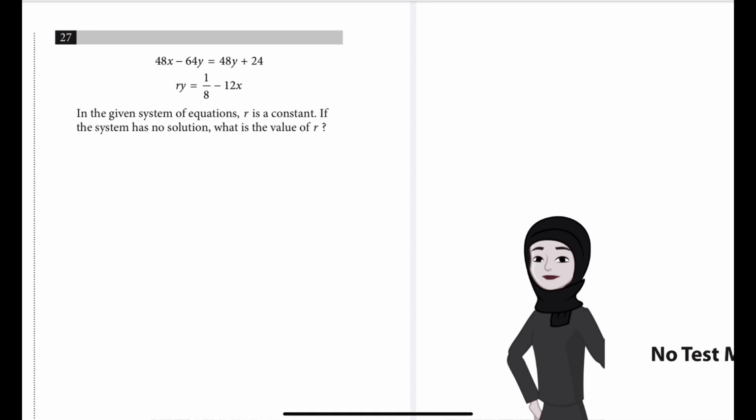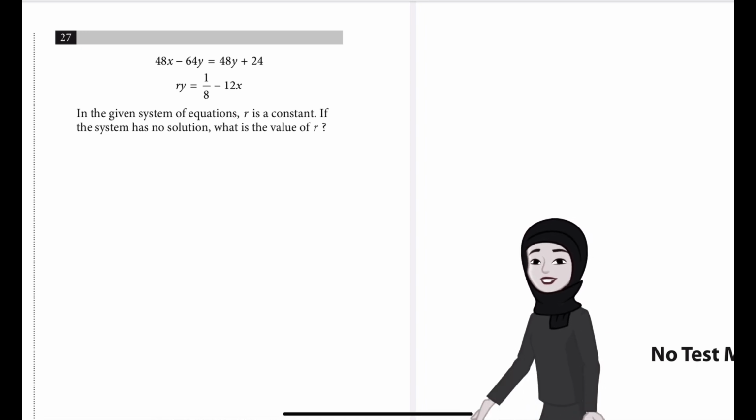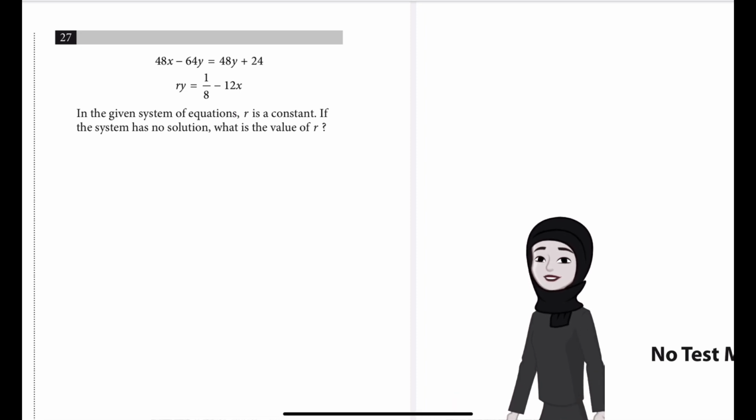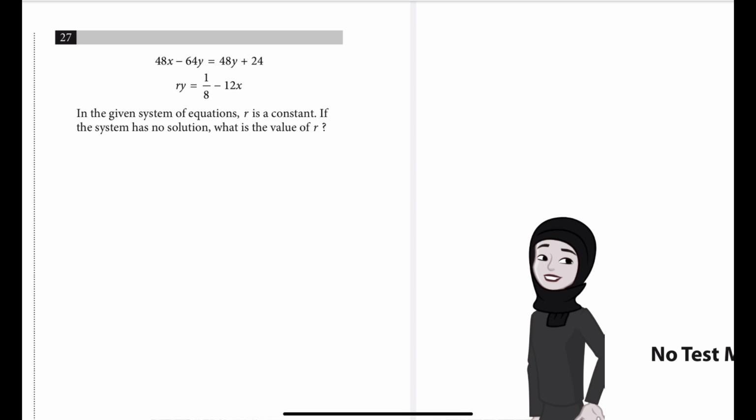So these equations are not given in the slope-intercept form. If they were, we could have equated the slopes and found the value of r. So if we have to save time and find the value of r, what should we do? A system of two linear equations in two variables x and y has no solution if the lines represented by the equations in the xy plane are distinct and parallel.